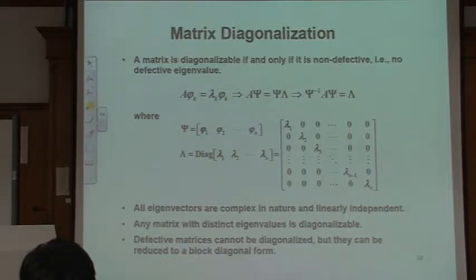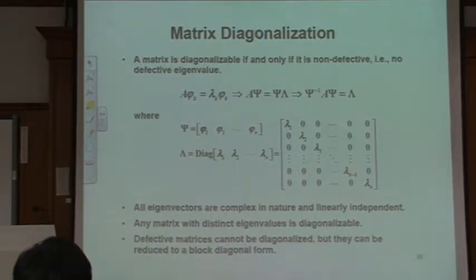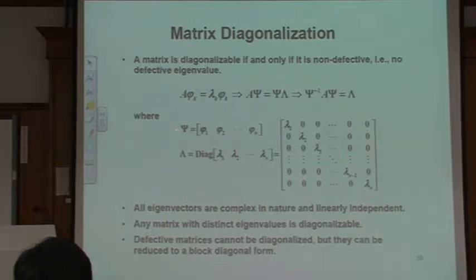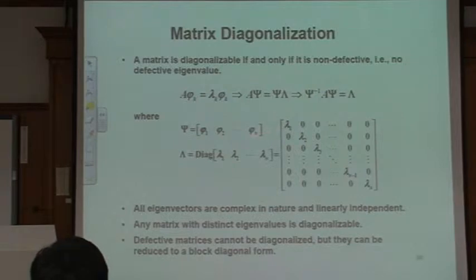Why? We can look at this formula here. If there are n distinct eigenvalues of A, we can use their corresponding eigenvectors to form this big phi matrix. Then multiplying A by this big phi matrix, we get this result.